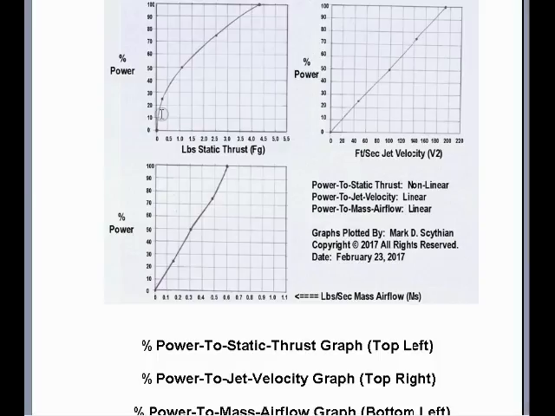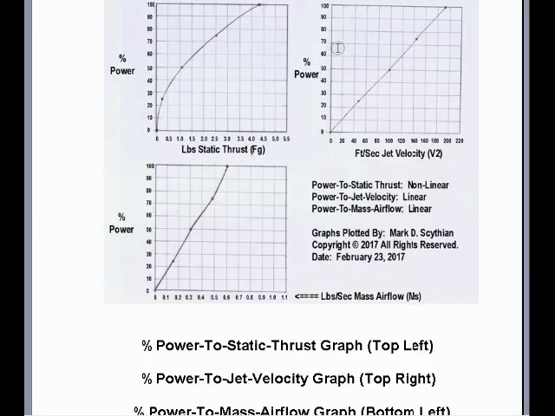So a practical application here would be, let's say we know that there's 4.3 pounds of static thrust total at 100% power. Let's say we wanted half that, 2.15 pounds static thrust. Well, we would look here, 2.15, we need approximately 66% power to reach 50% of the static thrust.